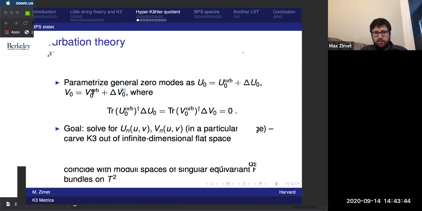And then the point is that U and V, which show up in this U orb and V orb, are just going to be our coordinates on the K3 surface. So we'll solve for some embedding of K3 in a particular gauge into that infinite dimensional flat space. So we'll solve for all of the values of the nth Fourier modes of our connection as a function of the pieces of the zero modes U orb and V orb.